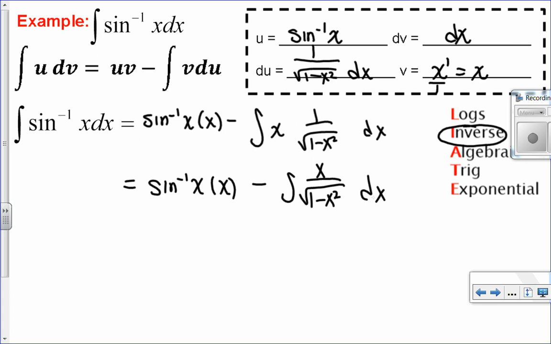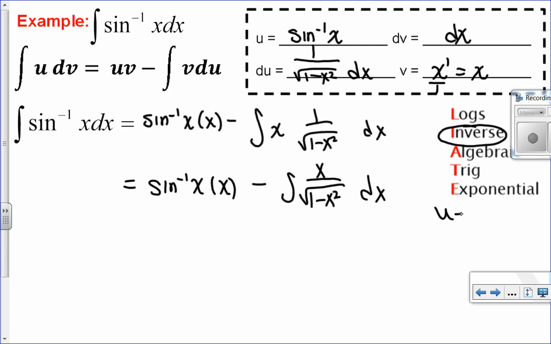So this reminds me of what we did in our last section, which was integration by substitution. So this is an interesting question because it puts integration by parts with integration by substitution, u substitution. So I'm going to look for my innermost function, which would be the 1 minus x squared.